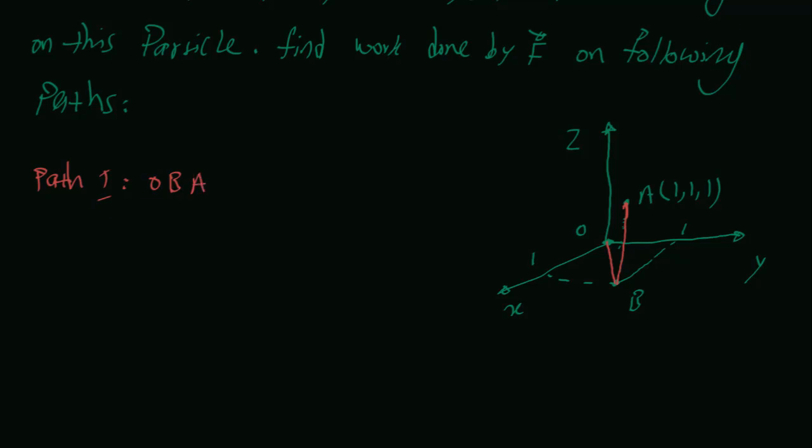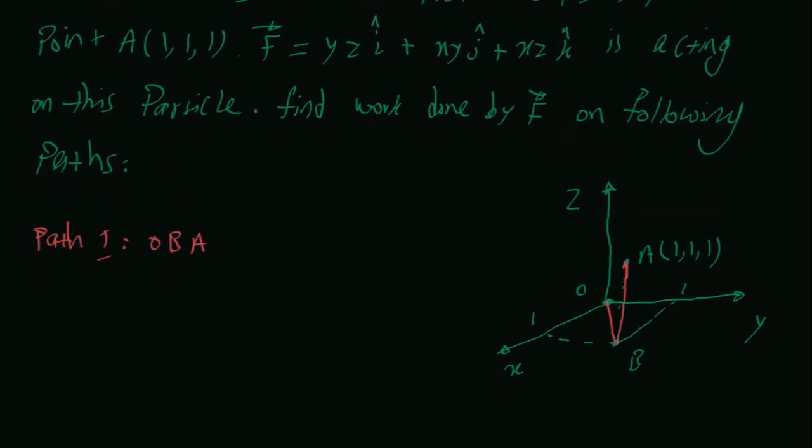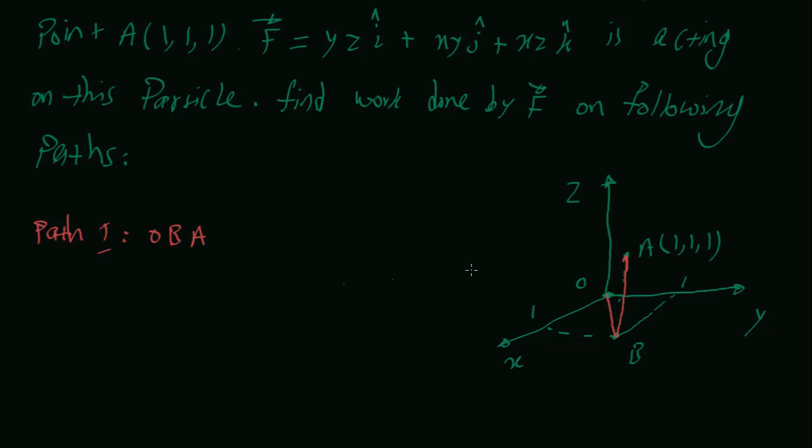We have another path, so we want to calculate the work that is done by force F on different paths here. So the second path that we have here is going from O to B this way. Let's write better.